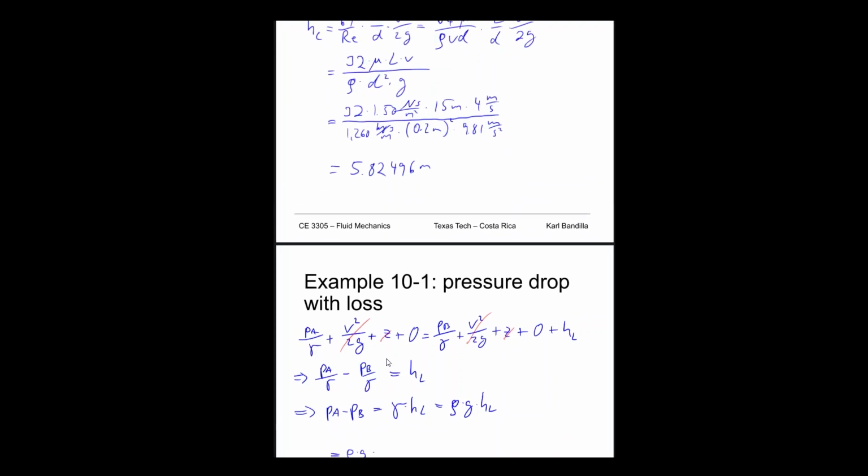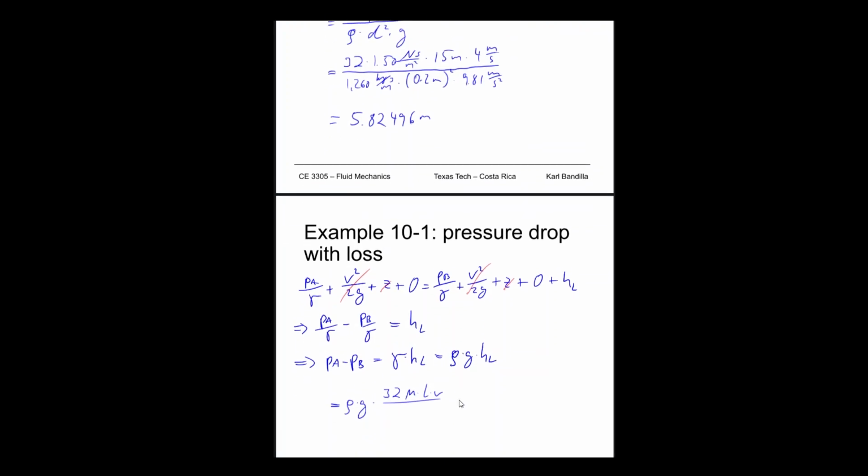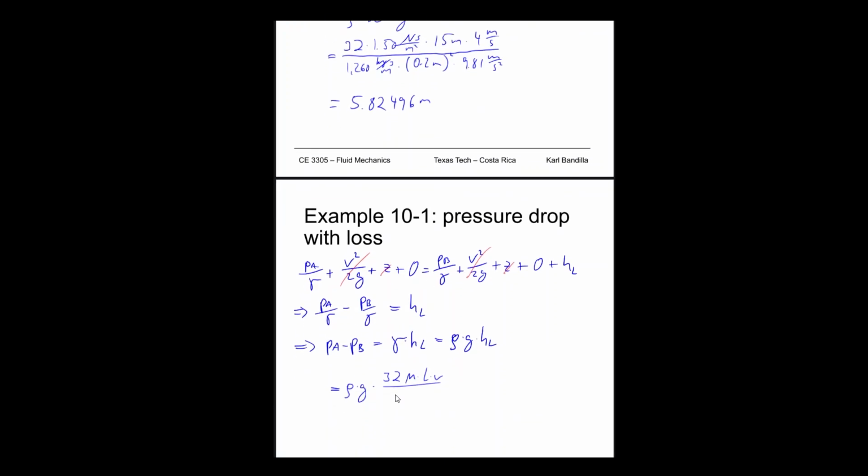Scroll up just a little bit so we can see it. 32 mu L V, 32 mu times L times V divided by rho times D squared times G. That's what I was saying, right? Those two cancel out. So we have 32 mu L V divided by D squared.